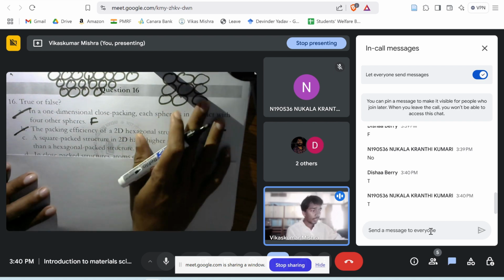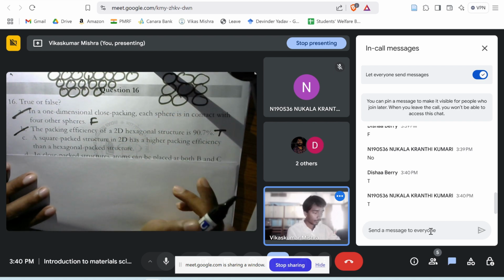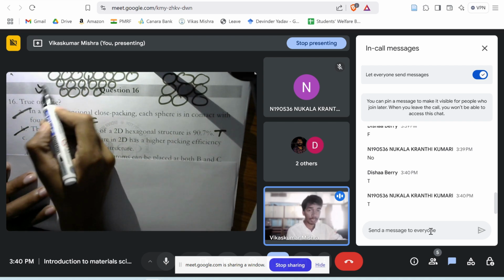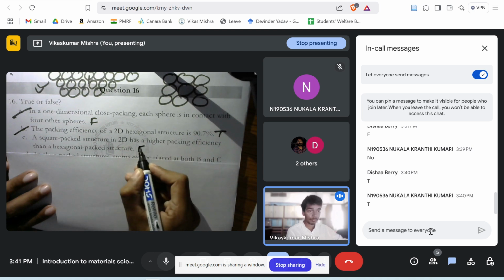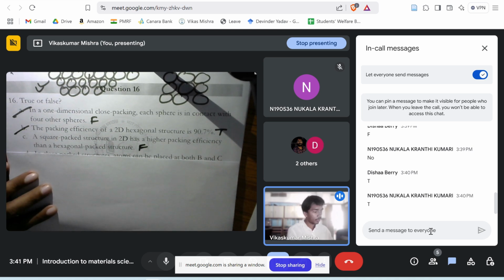If you do this study, you will find that no, it's incorrect. Hexagonal is the one which gives the highest, so this one is incorrect. It's again a false.